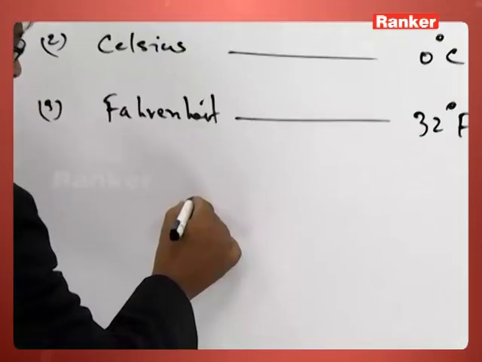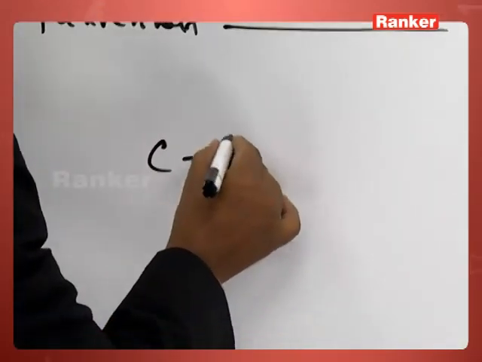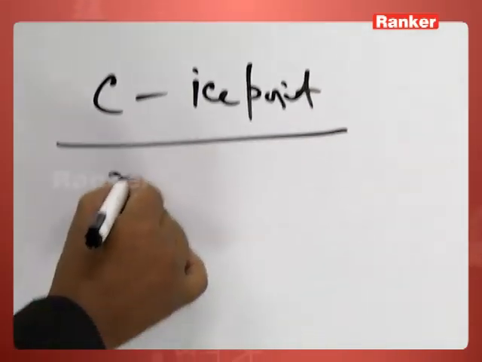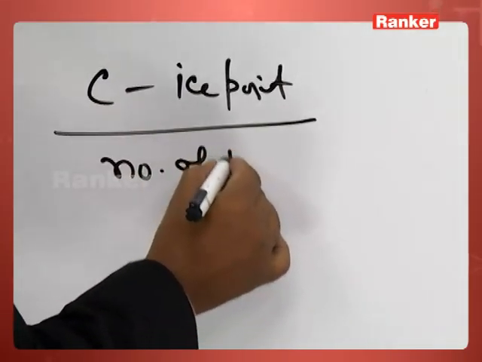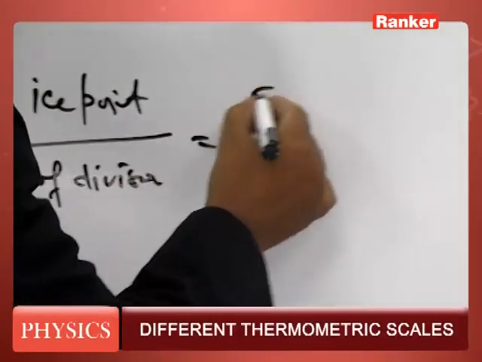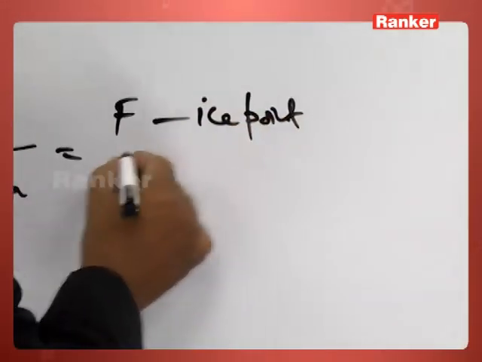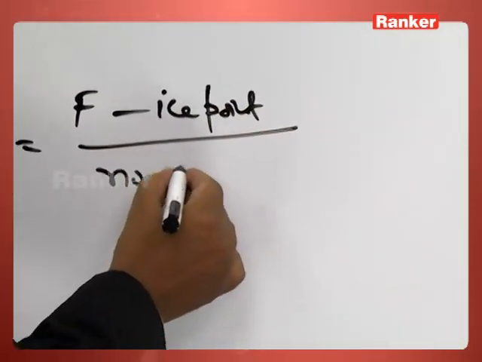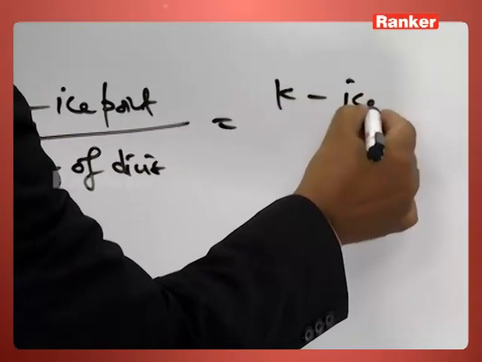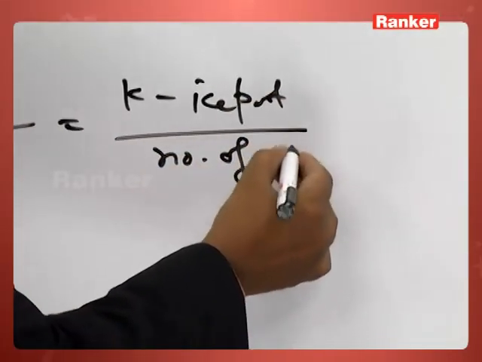Degree centigrade C minus ice point by number of divisions is equal to Fahrenheit minus ice point by number of divisions, is equal to Kelvin minus ice point by number of divisions.